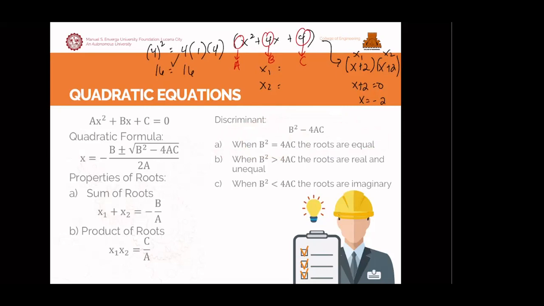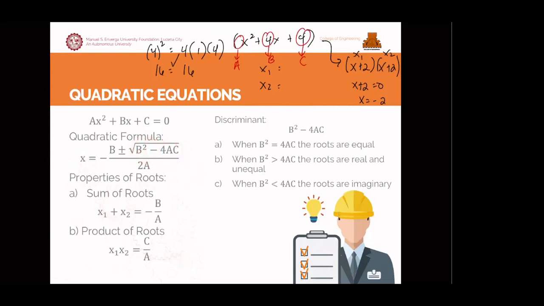Then, second condition natin, if b squared is greater than 4ac, mas malaki yung value. Meron daw tayong 2 roots, pero hindi siya equal ng number. And kapag nag-less than naman siya ng 4ac, ibig sabihin, roots are imaginary kasi magiging negative yung number natin sa loob ng square root.